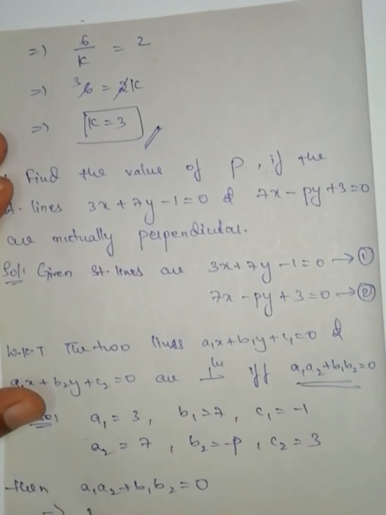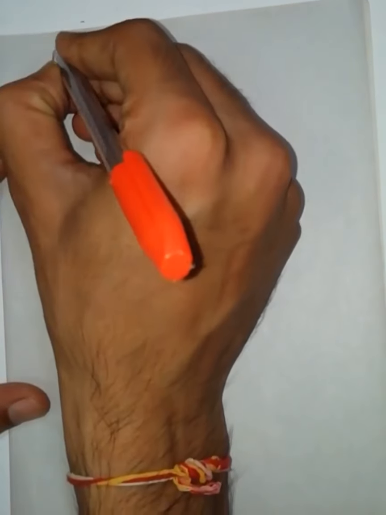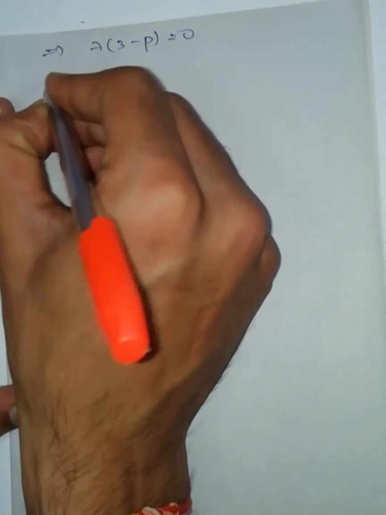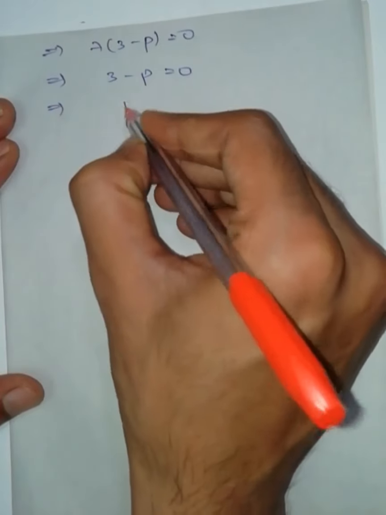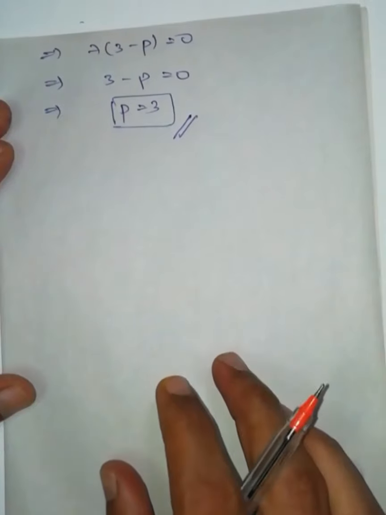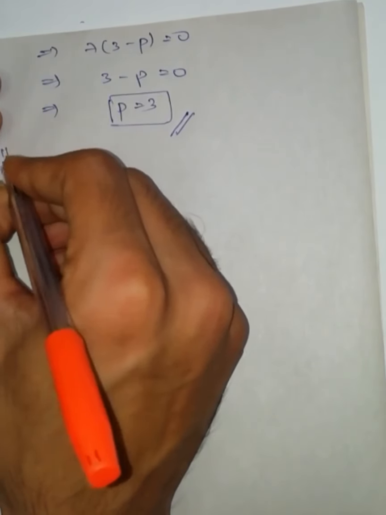This implies 3 into 7 plus 7 into -p is equal to 0. From these both I am going to take 7 common, so we will get 3 - p = 0. This implies p = 3 is the required answer. Similarly, you solve this one as a homework.